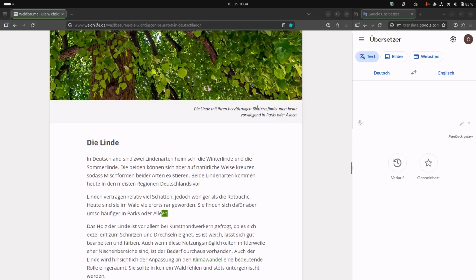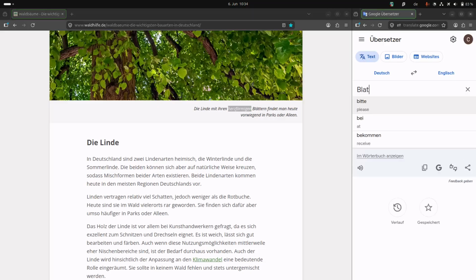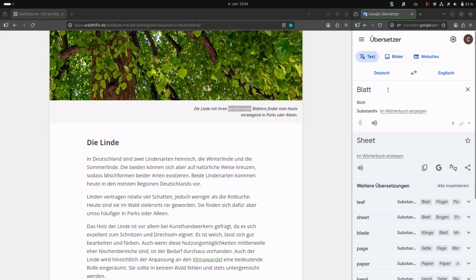Blättern, also plural, because the adjective relates to the plural of the word leaf. Blatt is the singular, which means leaf. It can also mean sheet, but rather in terms of paper. So Blättern means leaves. Findet, finds. Man, one, basically.